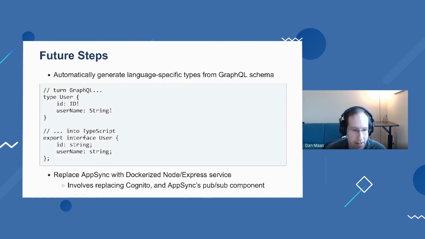And finally, I mentioned that AppSync has a lot of drawbacks, and it is nice early on when you're prototyping an API, but using it in production has drawbacks.